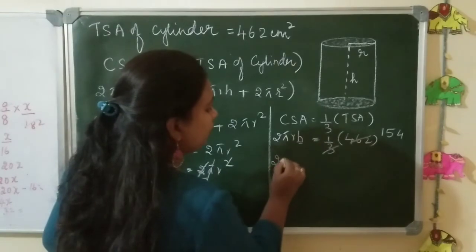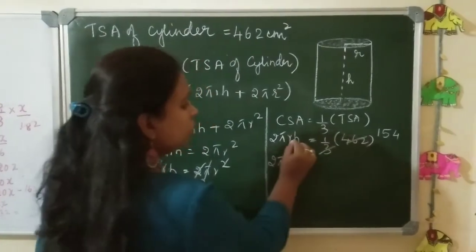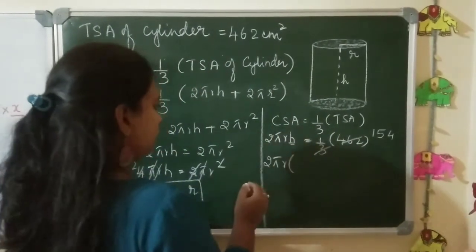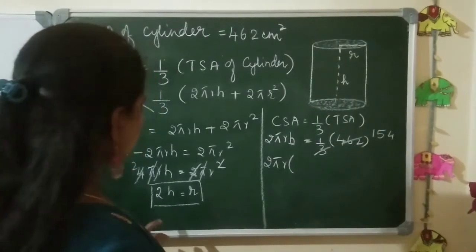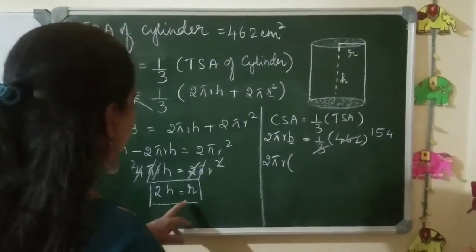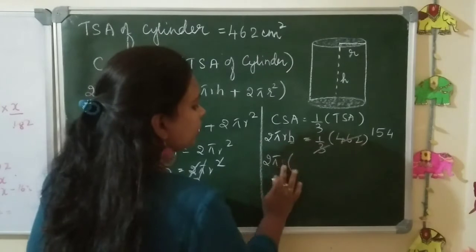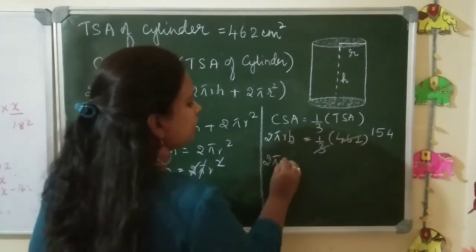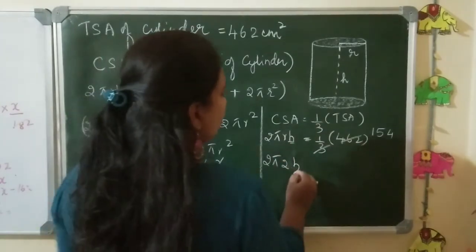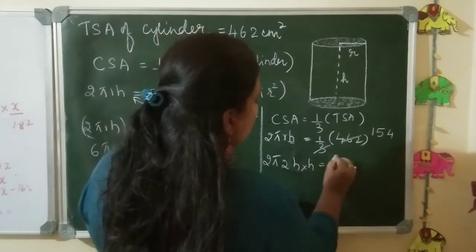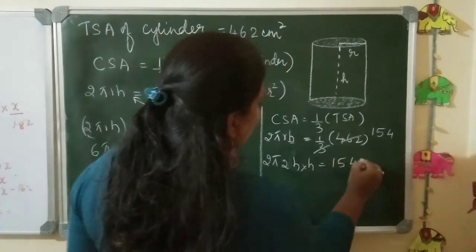So it will be 2 pi into r into h, where the radius can be replaced as twice of h, into h is equal to 154.